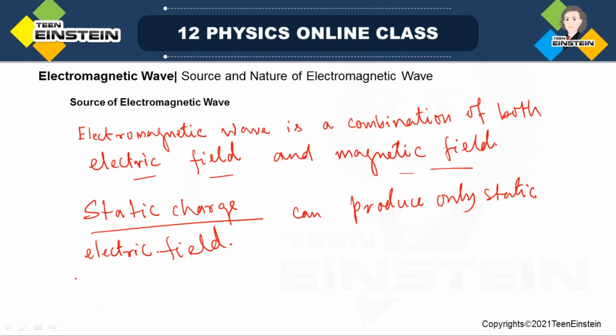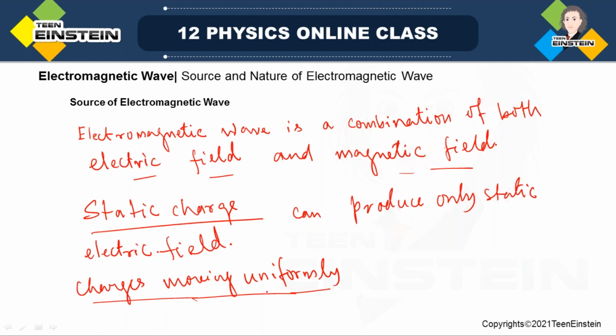What about charges moving? When charges move with uniform velocity, that means it is a steady current. What does a steady current produce? A steady current produces only a magnetic field.